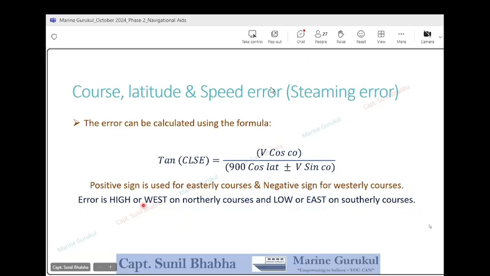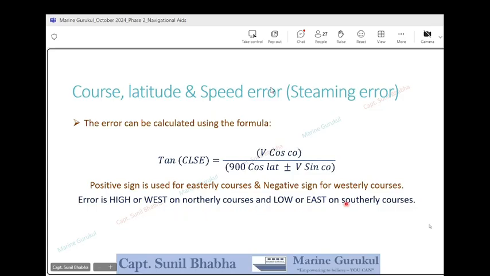If the vessel's course has a northerly component, that means the vessel is moving on a northeasterly or a northwesterly course, the error is going to be west or high. West and high are interchangeable. You can easily confirm it from the idiom which we use for applying the compass error: error west, compass west. So a westerly error is also mentioned as high error.